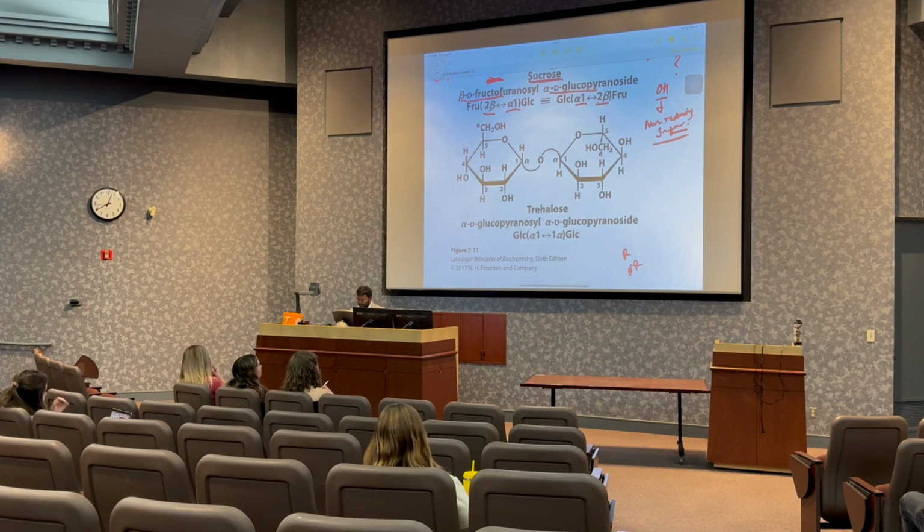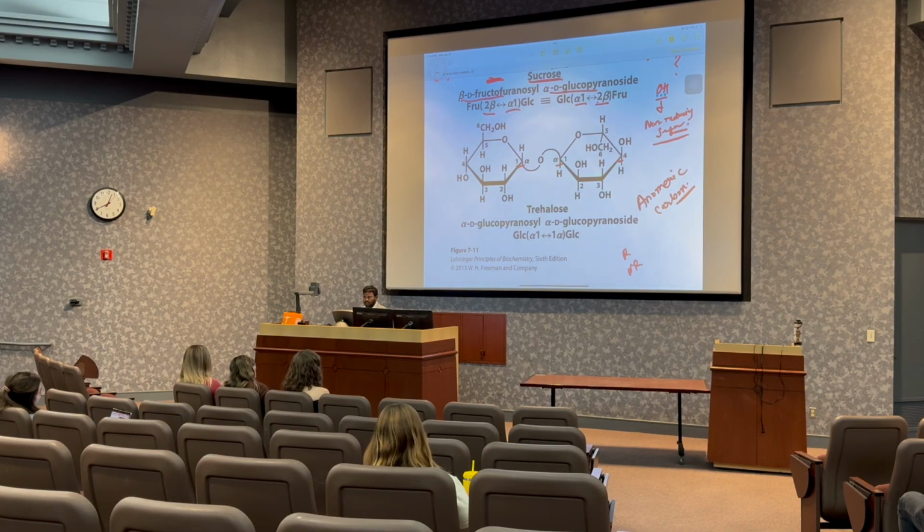So I always told you, look at the anomeric carbon. What is the anomeric carbon here? It is next to this. Does it have an OH group? No, sir. Does this one have an OH group? No, sir. This one is not the anomeric carbon.